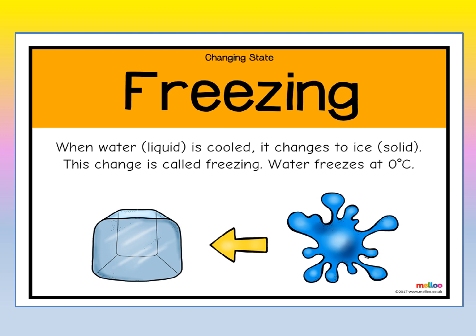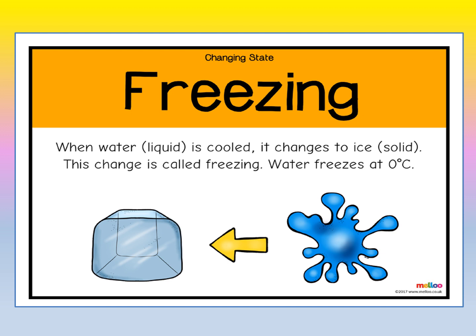One of the changes of state in matter is freezing. When water or liquid is cooled, it changes to ice, or a solid matter. This change is called freezing. Water freezes at 0 degrees Celsius. When a liquid cools to become a solid, it solidifies.